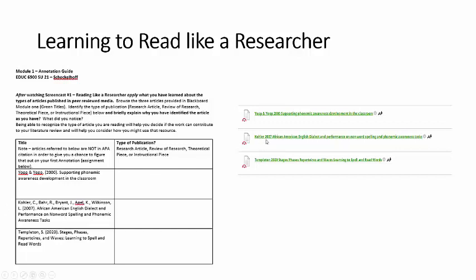Then you're going to go down here to Kohler, 2007. You're going to sample through this article and then write what kind of article it is and tell me why you think so. And then last we have Templeton right here. And then on your sheet you'll say which kind of article it is and explain why you think so.